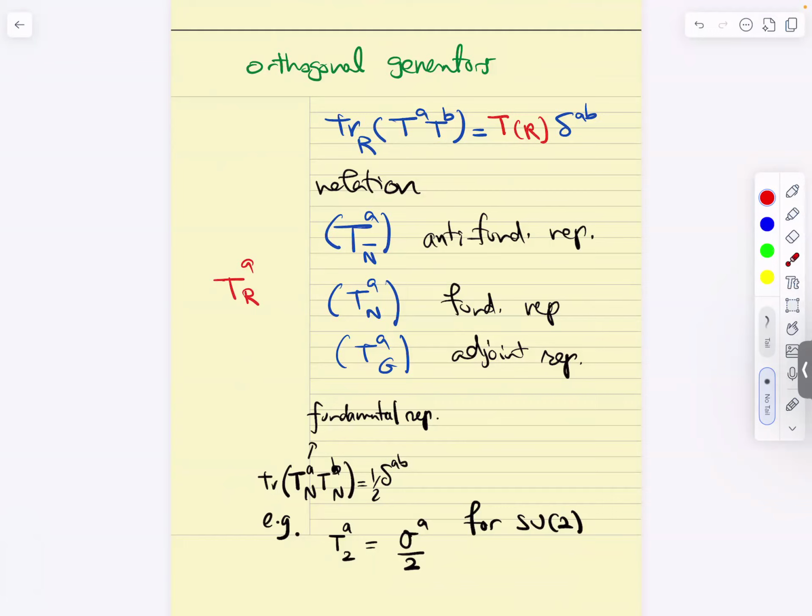Now, is this something that's decided by the algebra, or do I have a freedom to rescale these vectors? You have the freedom to rescale. What happens if I rescale them? Can I get rid of T of R? The Jacobi identity is fine, because every term is multiplied by a constant, so a cube. But what goes wrong?